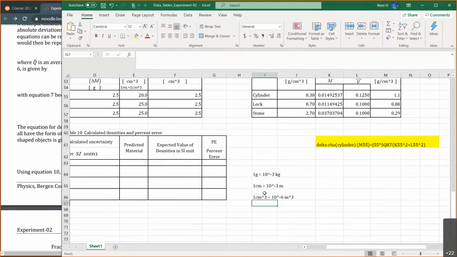So that's the conversion. Now I have to convert gram divided by centimeter cube into kilogram divided by meter cube, right? In kilogram, you have 10 to the -3. Centimeter, you have in the denominator 10 to the -6. Because of that, 10 to the +3 goes to the numerator, and the unit is going to be kilogram per meter cube. So that's the unit conversion, okay?